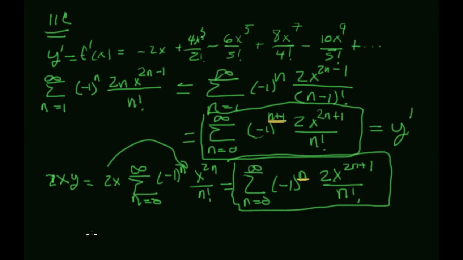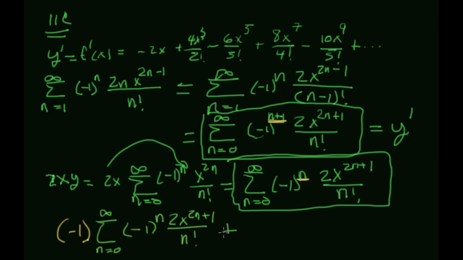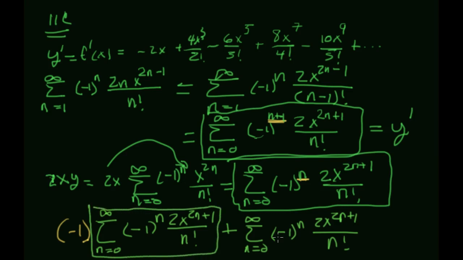Okay, so let's try this. This means that if I factor out a -1 from the first one, that's going to give me the sum from n equals 0 to infinity, -1 to the n, 2x to the 2n plus 1 over n factorial, plus the sum from n equals 0 to infinity, -1 to the n, 2x to the 2n plus 1 over n factorial. These two are identical.